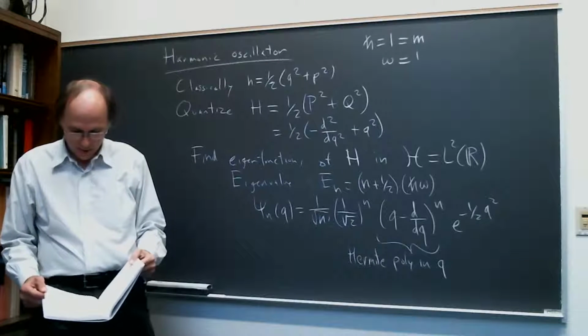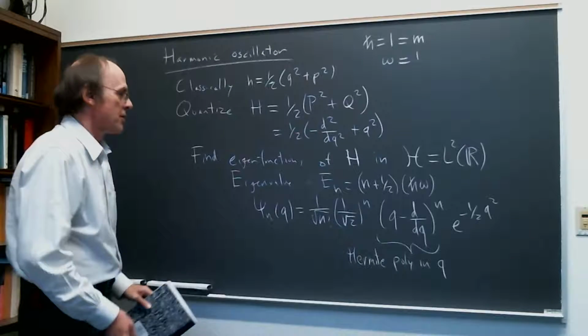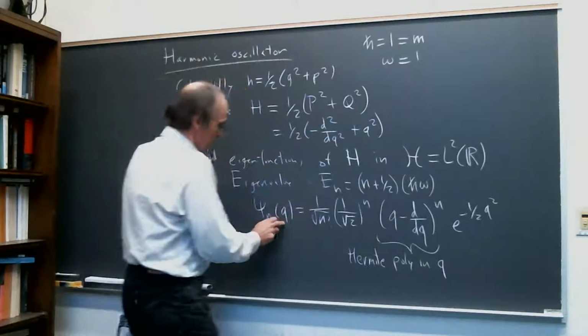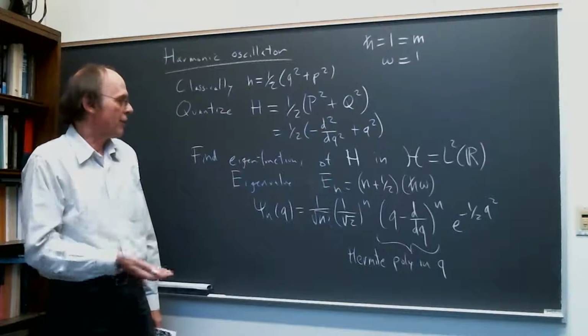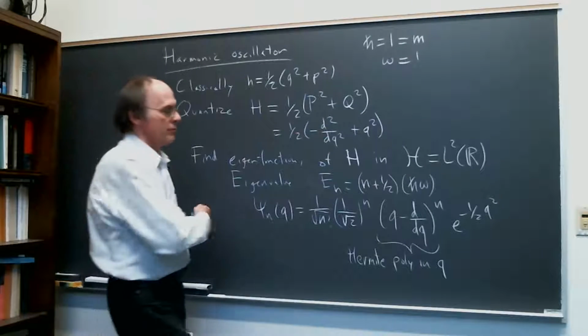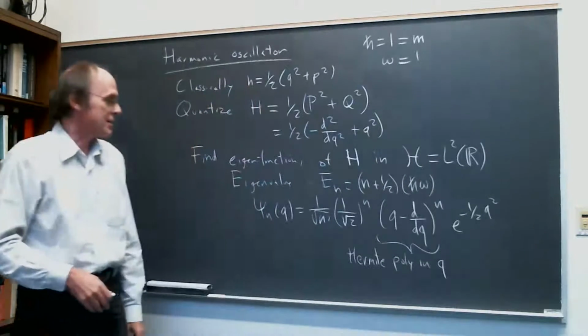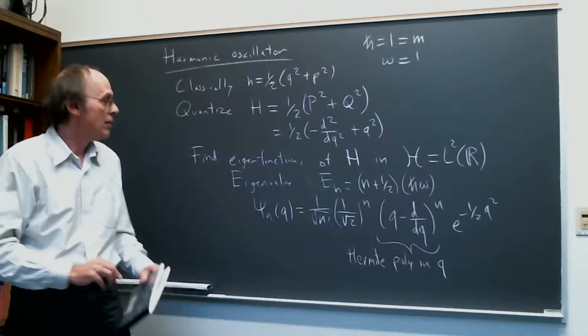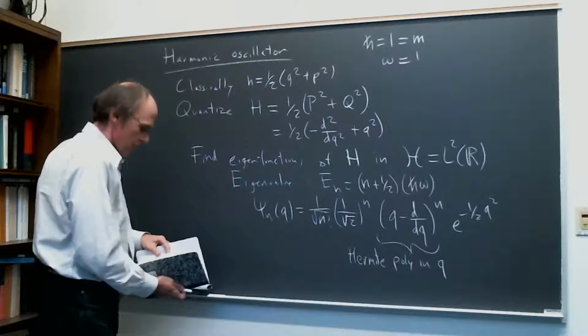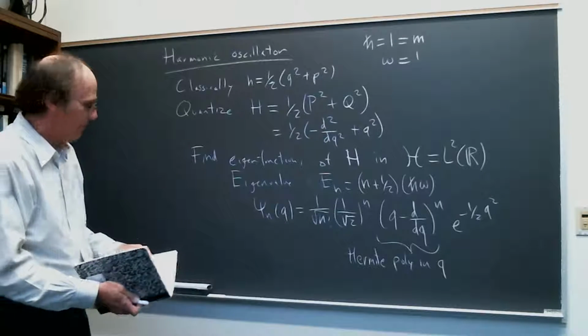Okay, now this is in the position basis, and as I said, if you Fourier transform, you're going to get essentially the same formula with q replaced by p. You're not going to get anything different. But there's the other basis.